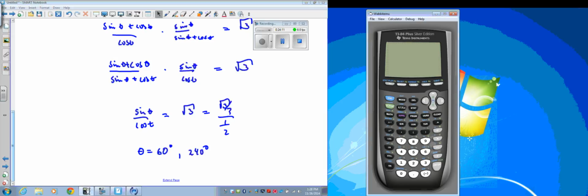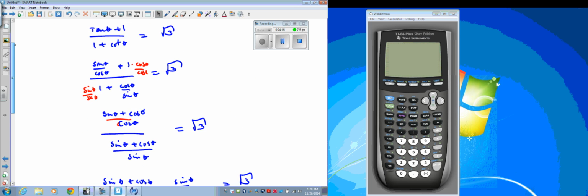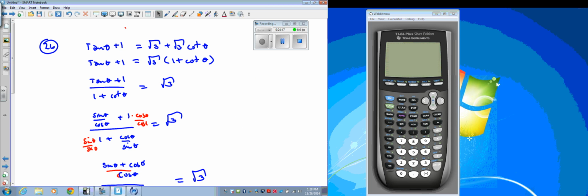Is there a value of tangent theta plus 1, squared, or something resulting? Well, I could square both sides of this, but then I get tangent theta plus 1 quantity squared. This thing goes to 3, and you don't have an identity.